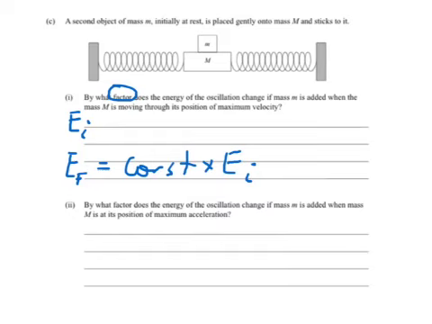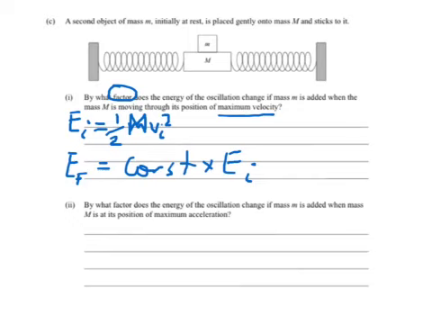So what do we need to know? The initial energy. Remember, this is moving through the position of maximum velocity, so the initial energy is going to be half M v squared, in fact half capital M Vi squared, because the velocity is going to change when you add this on.